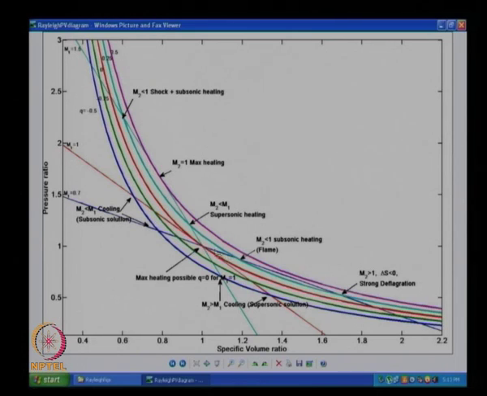P2 V2 can also be at P1 V1, that is a trivial solution, there is no change in the flow. Or I can have another solution that is sitting somewhere here, which is a case that corresponds to M2 greater than 1, while my M1 is less than 1, and it so happens that this particular case has entropy change negative, and that is not possible.